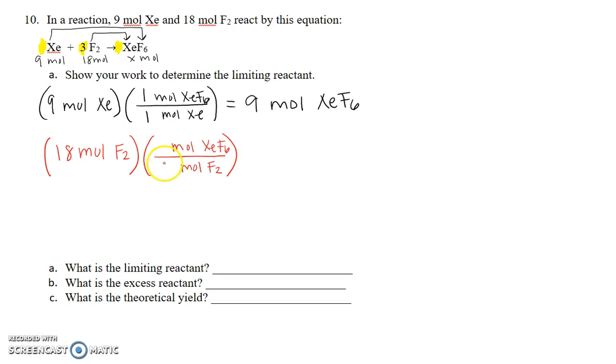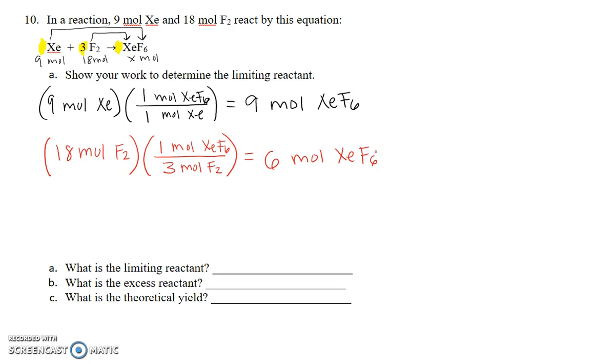Looking at my ratio, I get 3 for every value of F2, and I still have a 1 in front of XeF6. When I solve, I take 18 times 1 divided by 3. I get a value of 6 moles of XeF6.